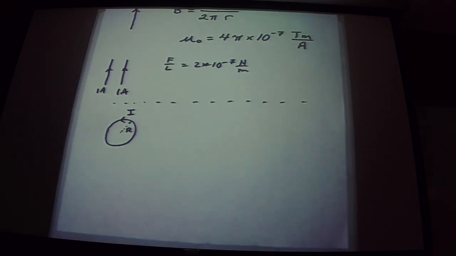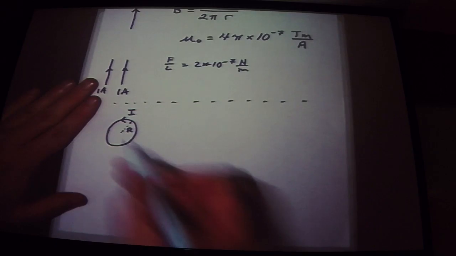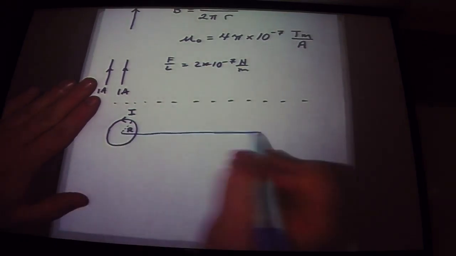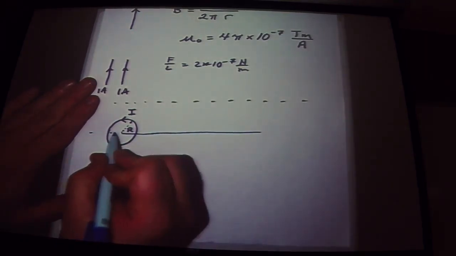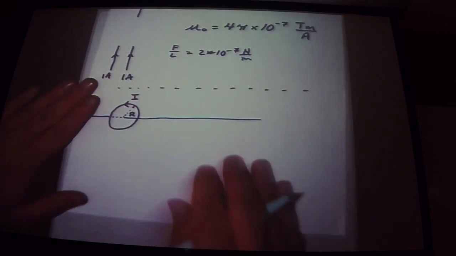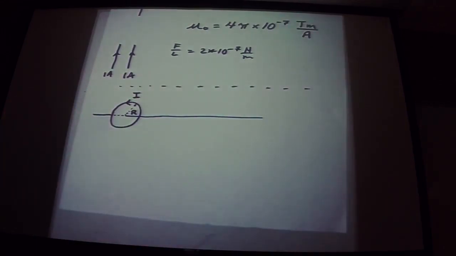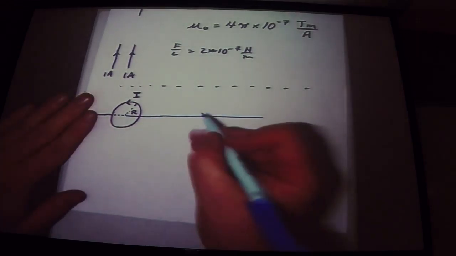And we're looking along the axis of the center. We're going to define the point on the central axis as being a distance x away.